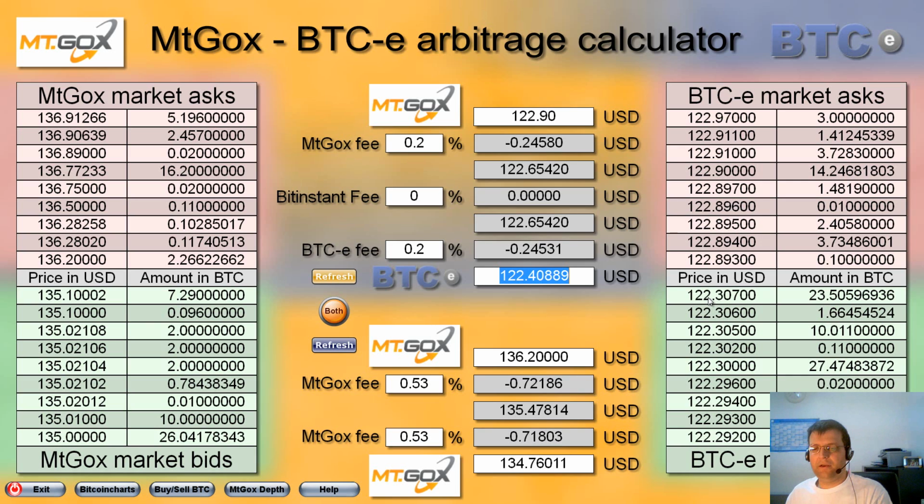This is not really much, but having 100 BTC, you will be able to make $10. So with 1 BTC you cannot make much profit, for sure.